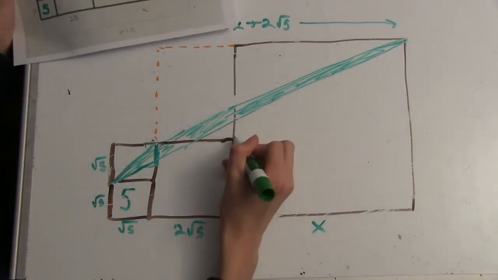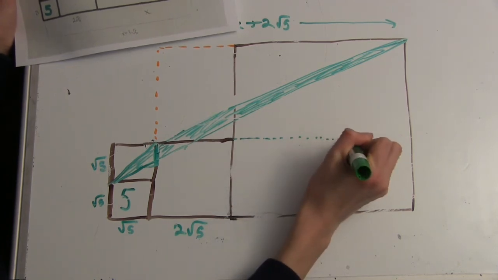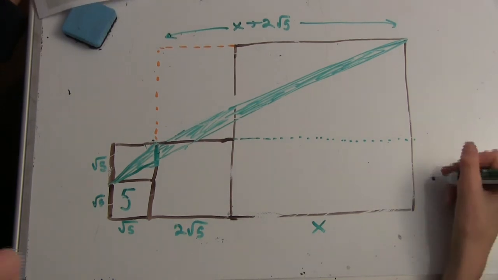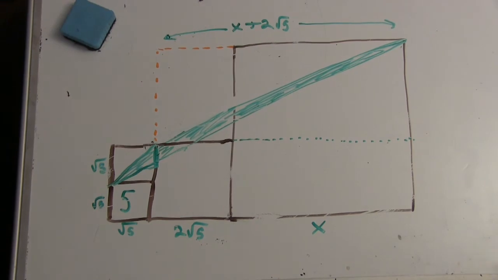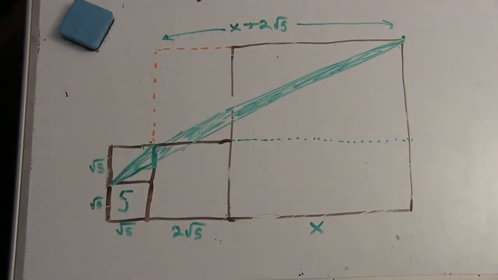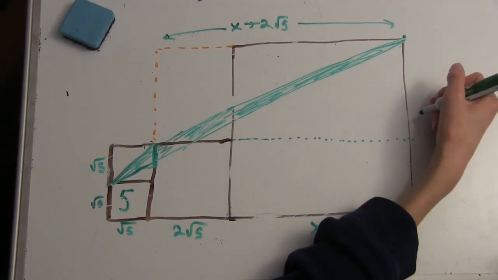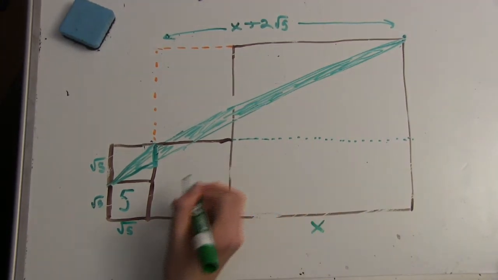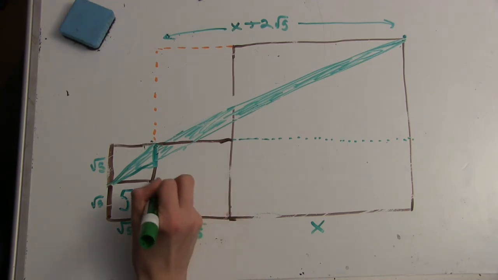I continued this here to form this triangle that goes from here over to here and back up. Let's see, it might actually have been all the way down.